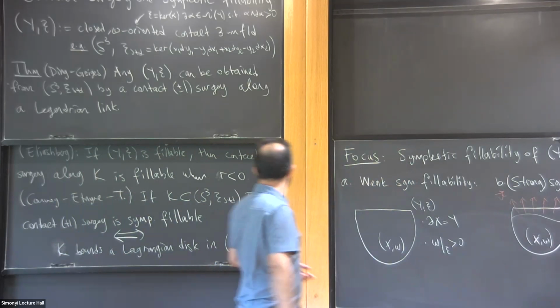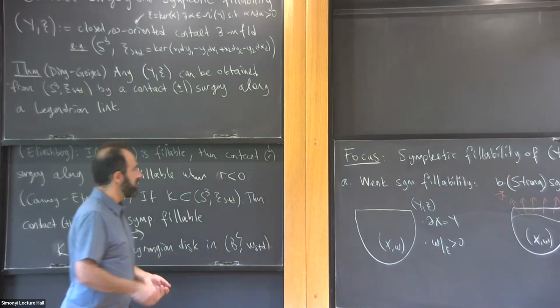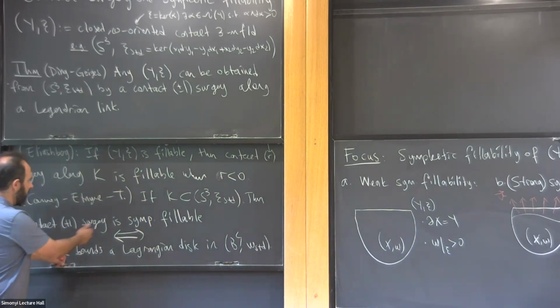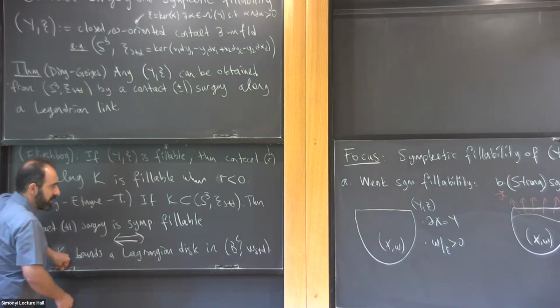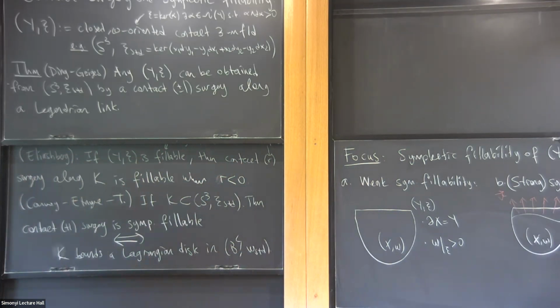Good. After having this result, we were really interested to see how we could improve this to obtain higher surgeries. We had some ideas, which is why I will keep this result on board as we go along. But the actual answer was a bit surprising even to me. So let me state the main theorem of the talk.